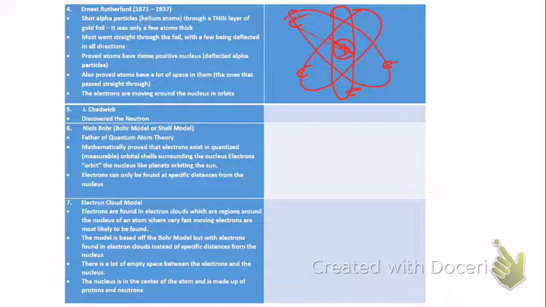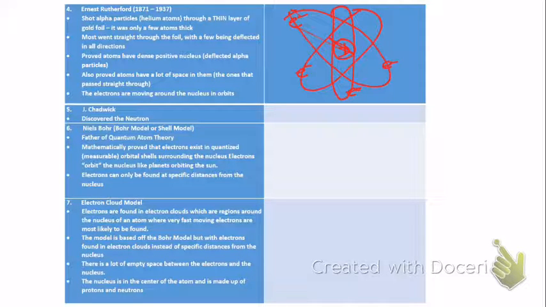So he felt like he was onto something, that he knew that the nucleus was positive, that it was really there, that it actually existed. But the problem was the motion of the electron. He just could not rectify the fact that the electron would be moving around the nucleus and eventually would lose energy and crash into it. And so it wasn't until much later that the answer to this problem was going to be discovered.